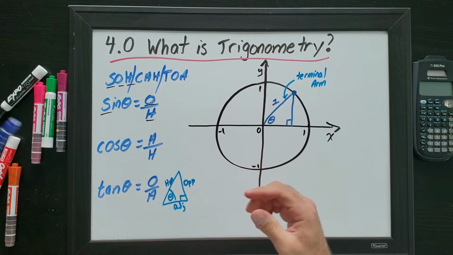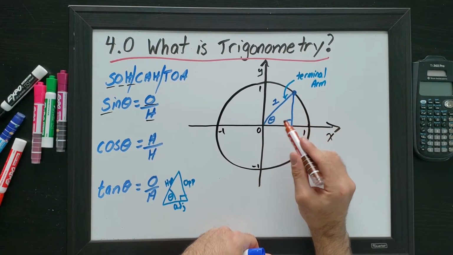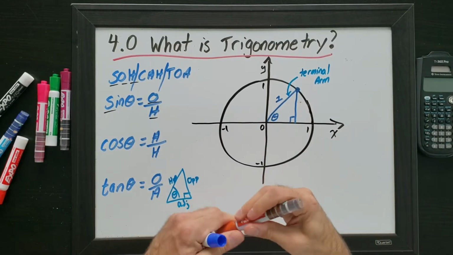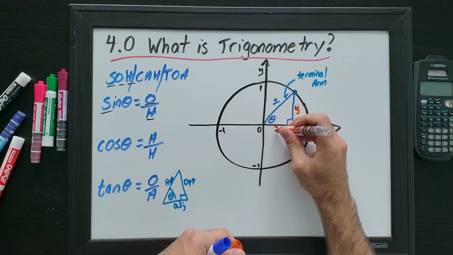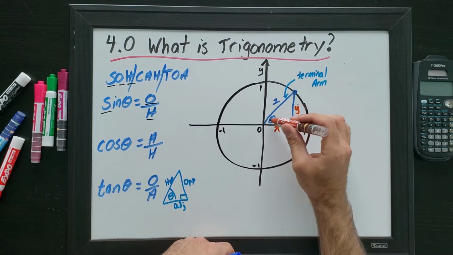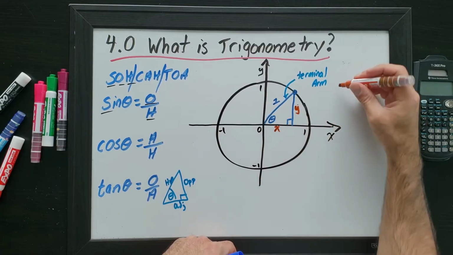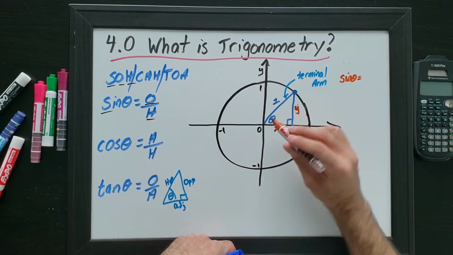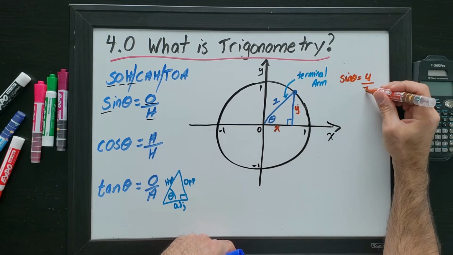Now let's take a look over here. If I want to figure out this length right here, so if I want to find that vertical distance here, well, we can call y, or this horizontal distance, I can call x. I can use the ratios that I know from SOH CAH TOA to solve for this. So for instance, sine theta is equal to y over the radius, and the radius is 1.